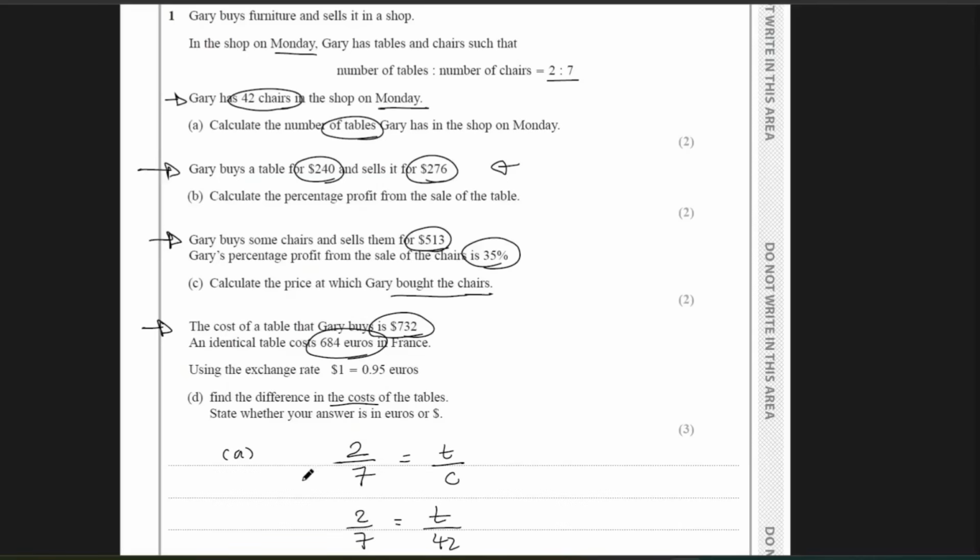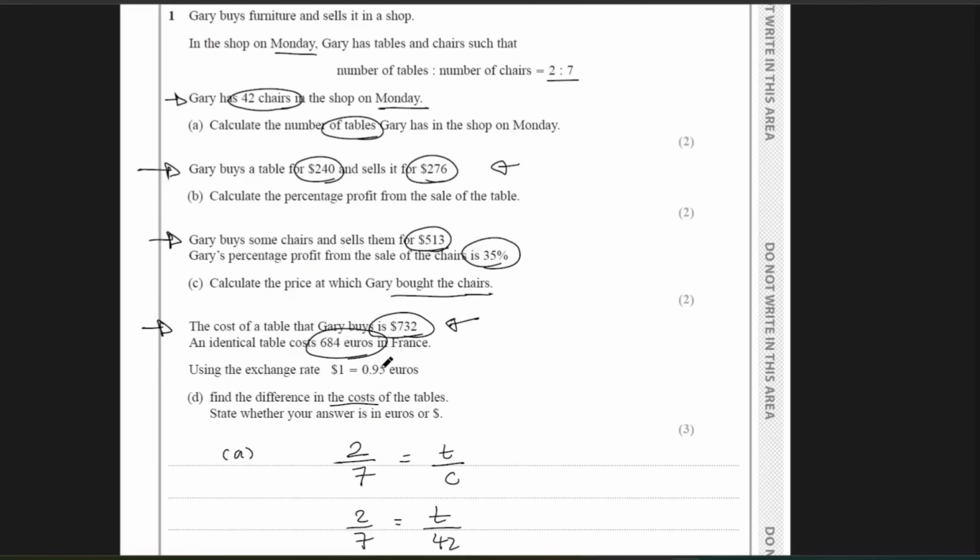So we need to find the difference in the costs. The one Gary bought, he had to pay $732. The same table costs 684 euros. To make comparisons, we need to have the costs in the same currency. So if we look at the exchange rate, $1 equals 0.95 euros, it's easier to convert dollars into euros.